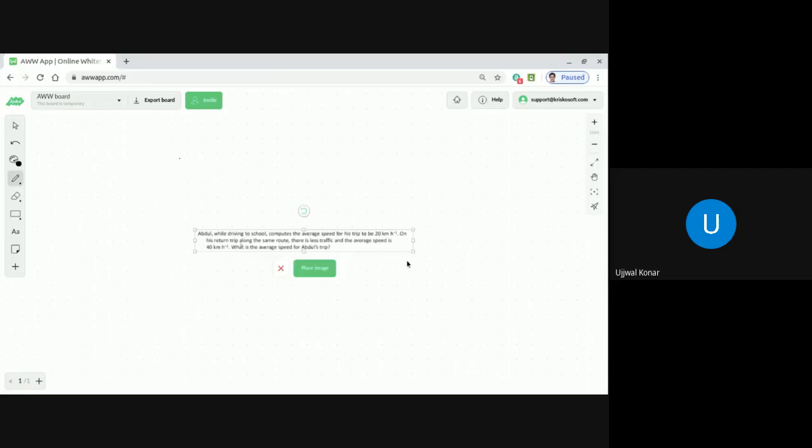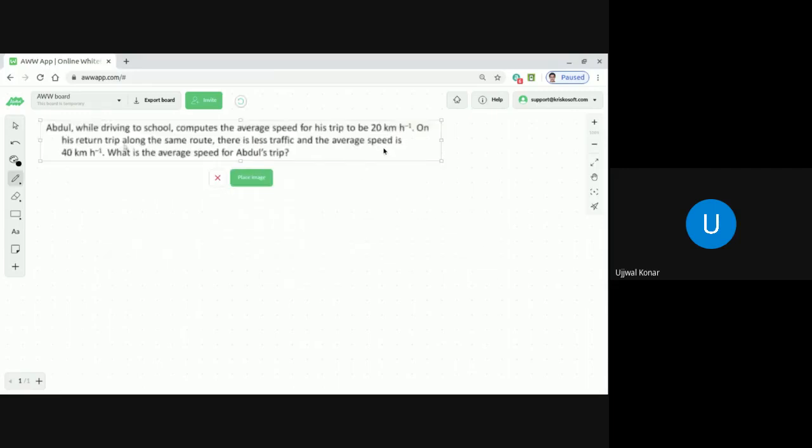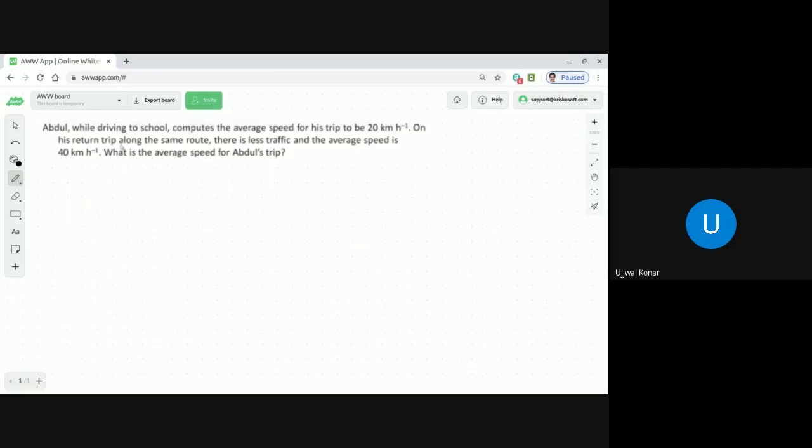So first we will discuss a few questions raised by you since our last class on motion, and let's see. This is a question I got from Srivali. Abdul, while driving to school, computes the average speed for his trip to be 20 km per hour.